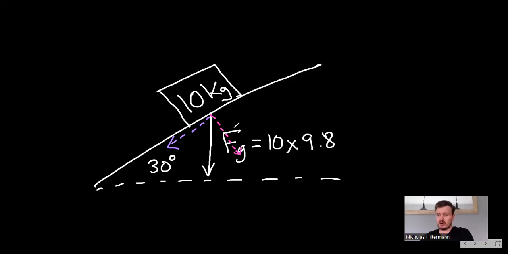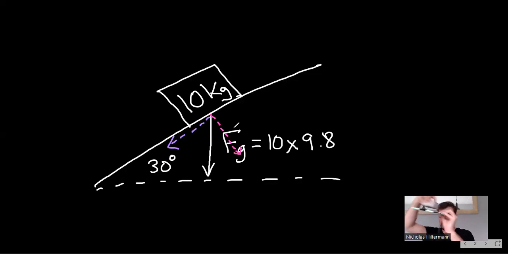All right, so I'm holding this up again. What's happening? All the force is going into the mouse pad, or whatever this thing's called. And then as I move it up, less and less force is going into it, and more is going down the slope.